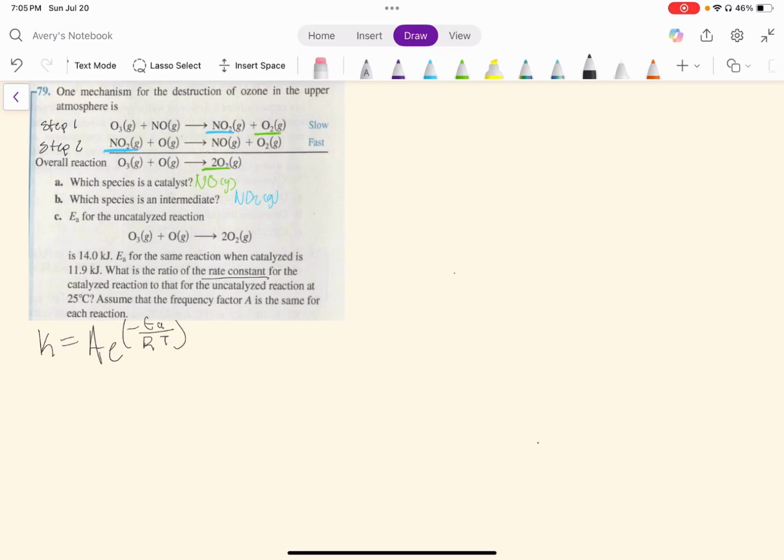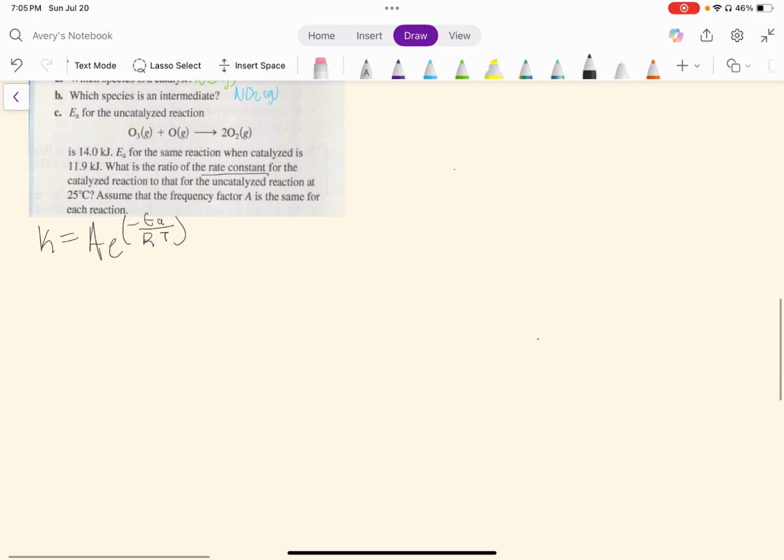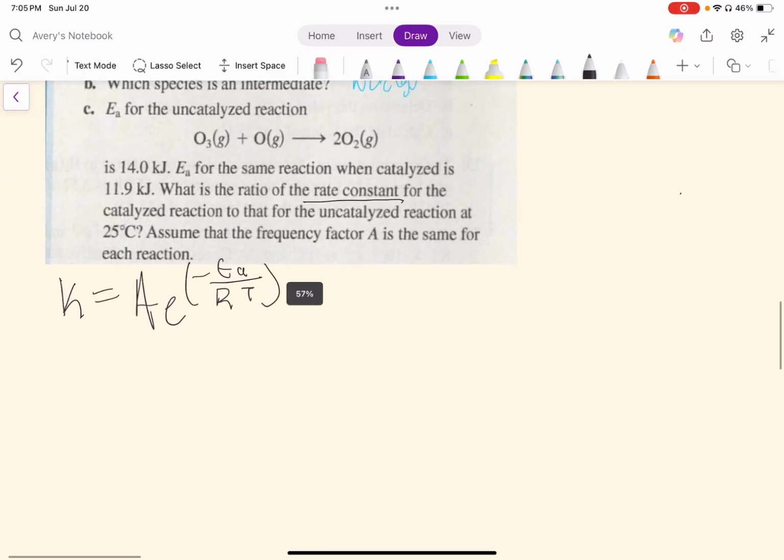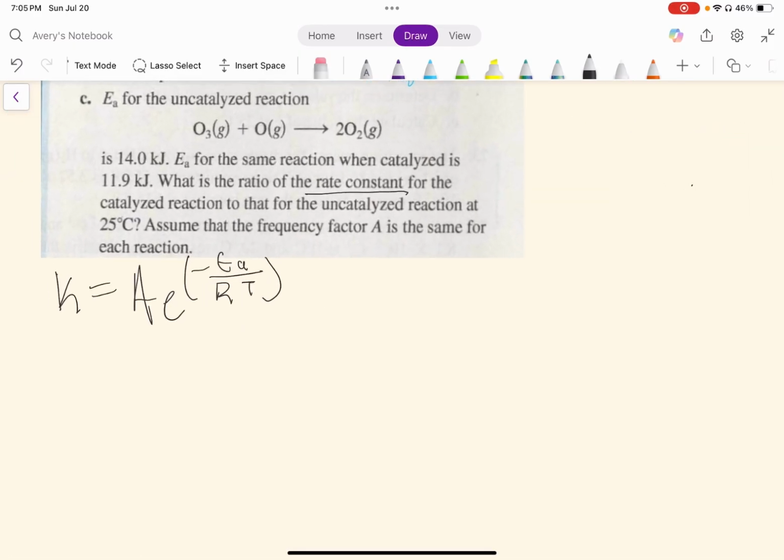Now that we have that, let's list out all the numbers that we were given in the word problem. For the uncatalyzed reaction, I'm going to color code this purple, E_A is equal to 14 kilojoules.